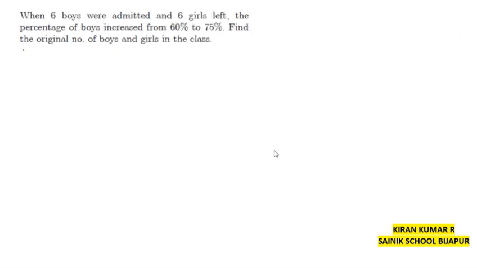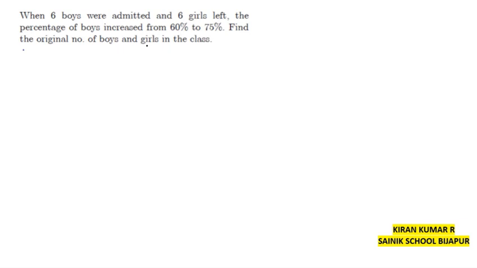Before concluding this chapter, I would like to give one more question for you to solve. Look at the question. When 6 boys were admitted and 6 girls left, the percentage of boys increased from 60% to 75%.